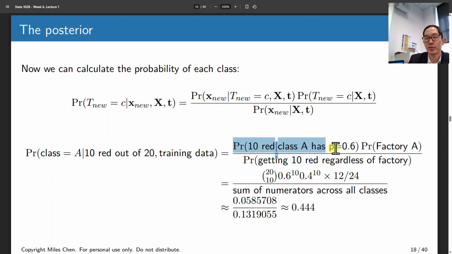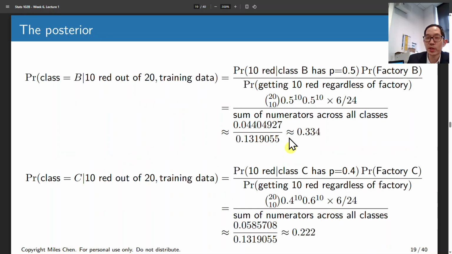That's found by finding the likelihood: the probability of getting 10 red if it came from class A, which has a filling proportion of 60%, times the prior probability of coming from factory A, which is 0.5, and this is the binomial probability. And then getting 10 red regardless of factory is the sum of the numerator across all possible classes. So we get that, and we get 0.44.